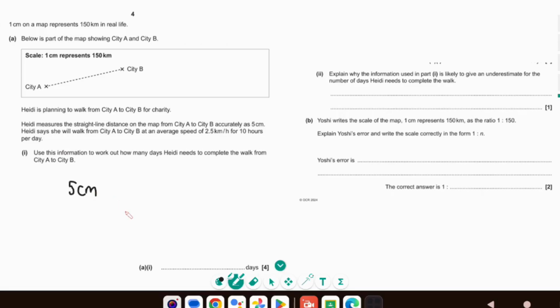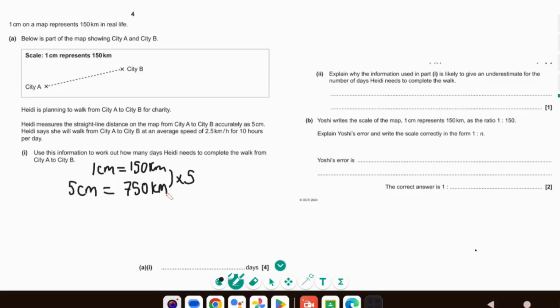So if 1 centimetre is 150 kilometres, 5 times 150 kilometres. I can work out what 5 centimetres is before I read the rest of the question. 750 kilometres. They are walking 750 kilometres from city A to city B.